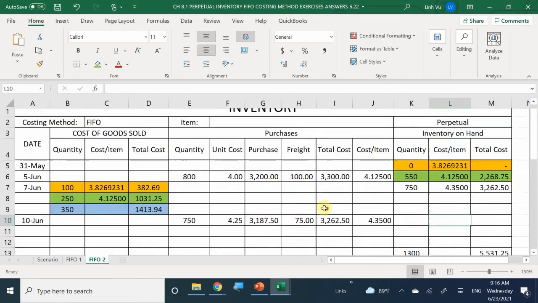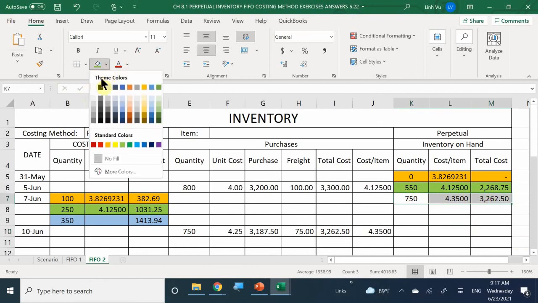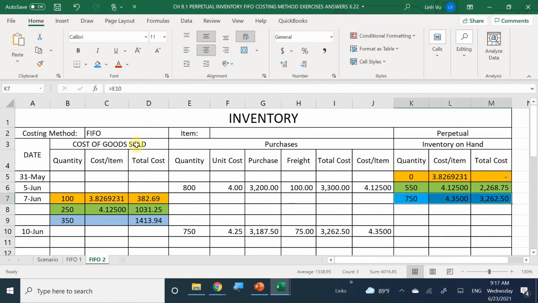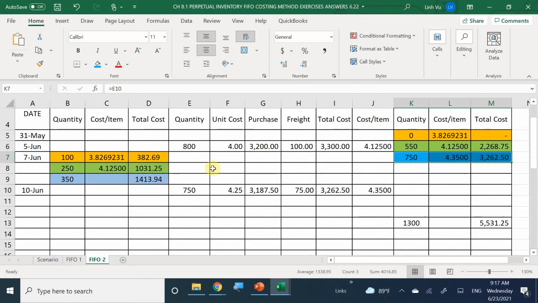And since I added this in here, I'm just going to be consistent and use another color. I'll just go in order of colors. So there it is, blue. So now we have a green batch left and a blue batch left. All right, so now that's my inventory on hand.